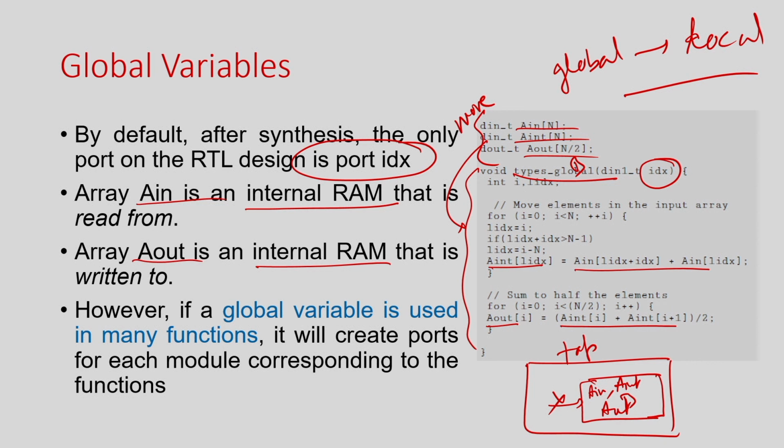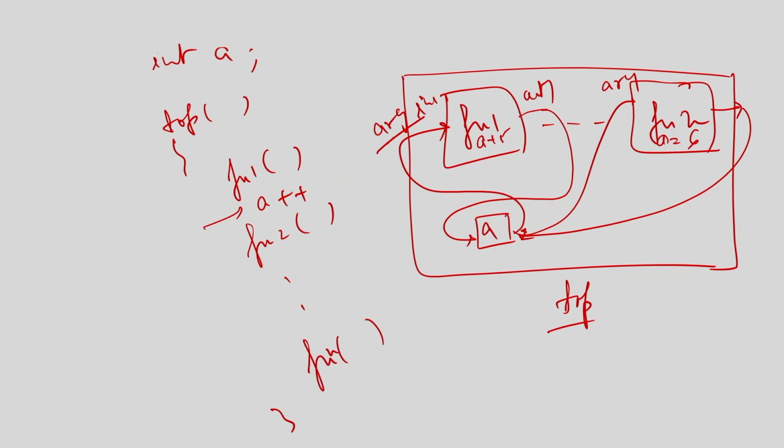The point that I try to establish here is that if I declare a global variable, ideally it will create a lot of extra ports, right. So, a lot of communication among these functions and a lot of ports because it can access, right. Wherever it gets accessed it will create a port, but if it is local, probably the high level synthesis tool can move it and make it local, although you have declared it as a global variable.